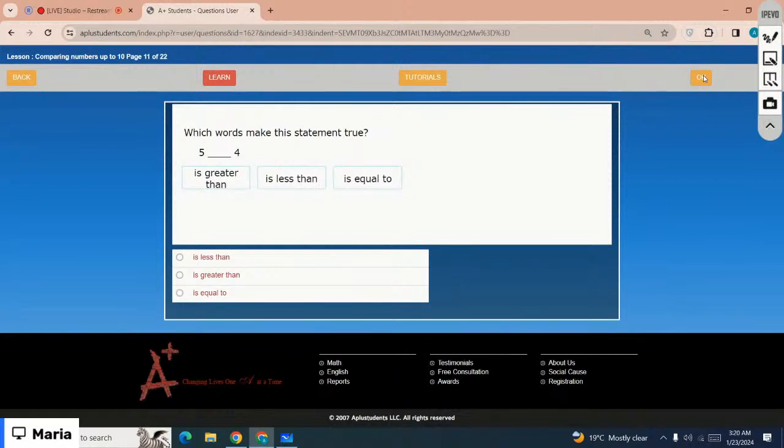Which words make the statement true? 5 and 4, which is the correct option? So which is the correct option?